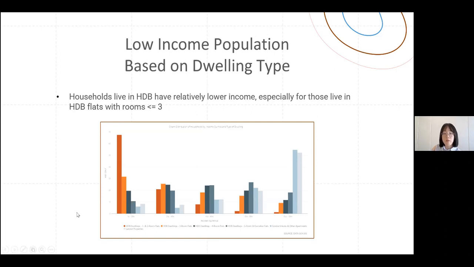And so from this income quartile distribution chart by dwelling type, we can see that the dark orange and the light orange columns are those living in HDB flats with less than or equal to 3 rooms, and most of them fall into the lower quartiles here.